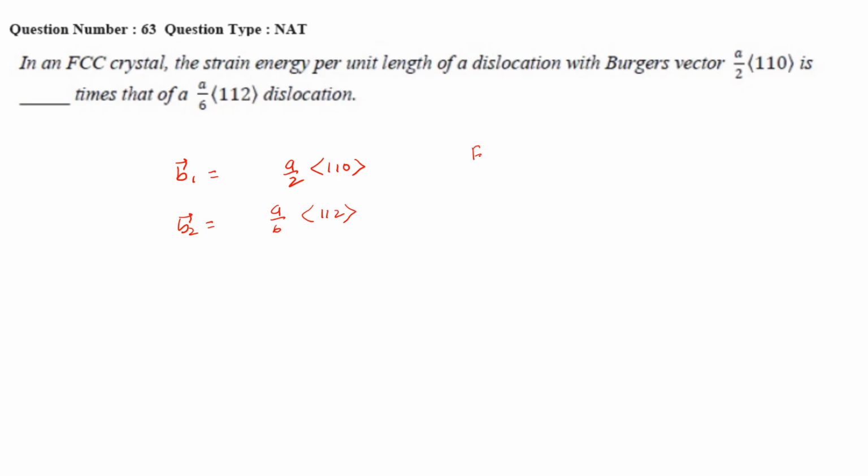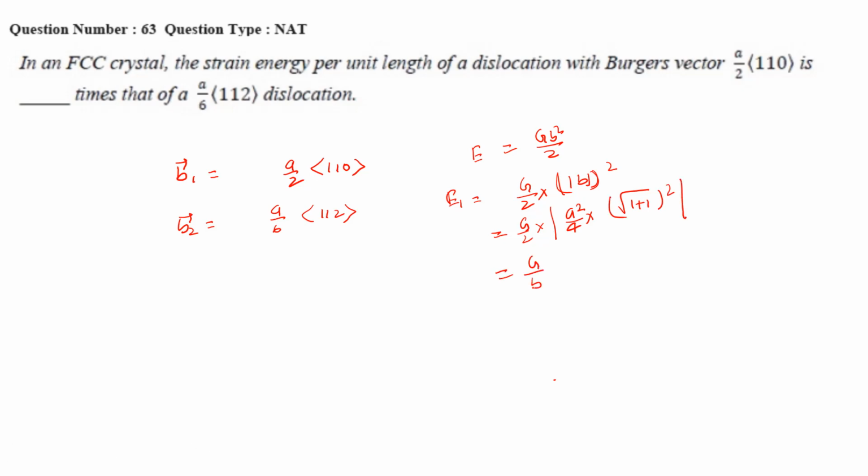We know energy, that is strain energy per unit length, is Gb square by 2, right? So for the first case, E1 will be G by 2 and b square, and b will be a square by 4 and root over 1 plus 1 the whole square, right?